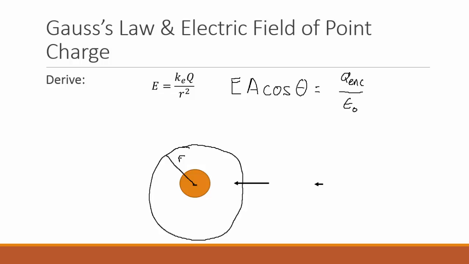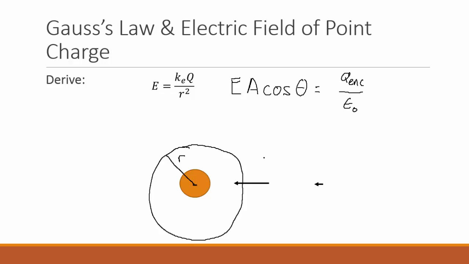Now, in this case, I'll be talking about the flux through that surface. The reason I've chosen that is that the electric field's magnitude is the same across the entire surface, and that the direction is always going to be the same relative to the area. It is always passing directly out through the area.